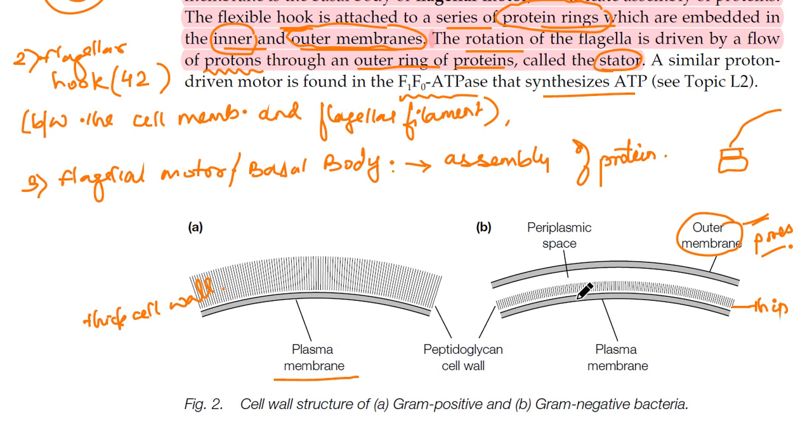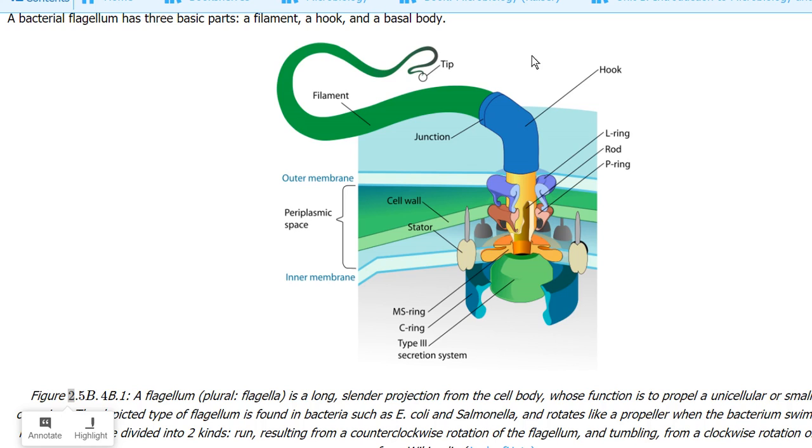Now look at the structure. It has a hook and the filament. After the filament is a hook which is connected to the motor. This is the basal body, and this is the stator which helps in the proton movement.